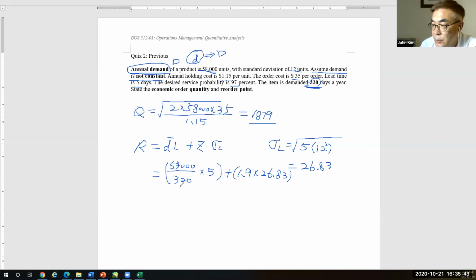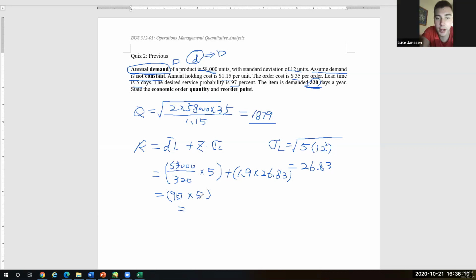So it equals, who got this one? 957. Because it's 906 plus 51, which would be 957. And then times 5 equals... Could you give me this answer? I got 957 as the final answer.